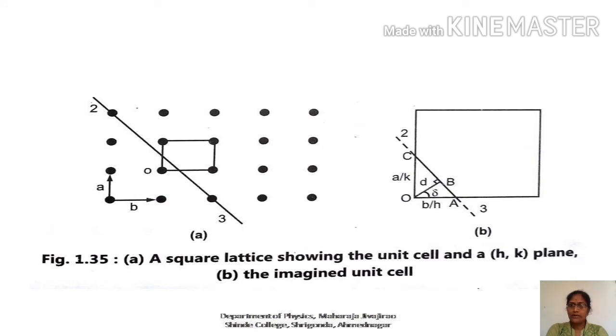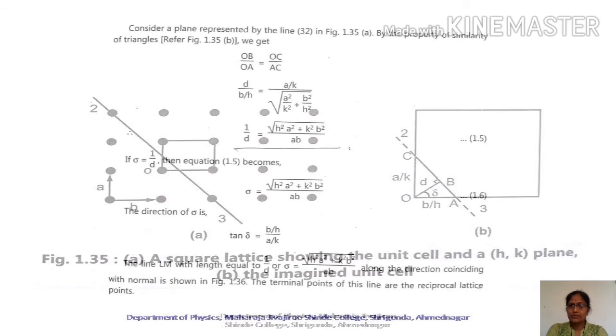OB divided by OA is equal to OC divided by AC. Now from this figure we know that OB is equal to d, OC is equal to a upon k, and OA is equal to b upon h.